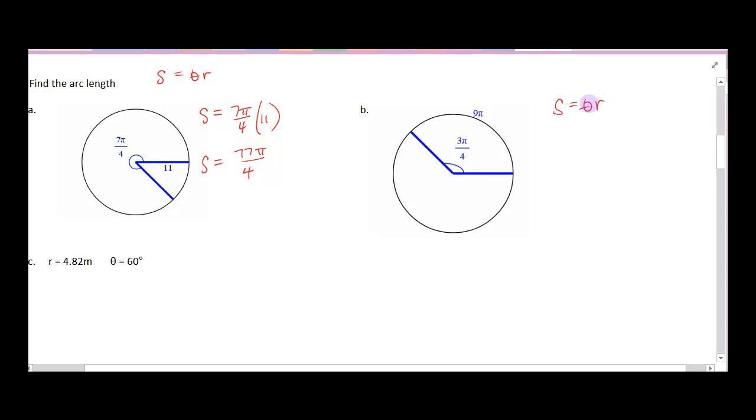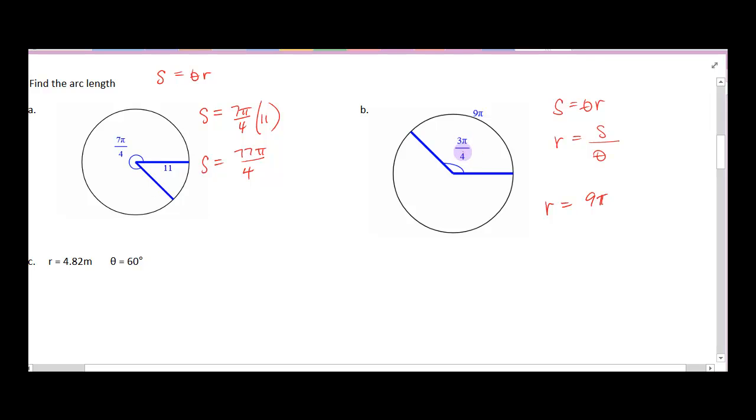So I would divide both sides by theta, and that would give me the fact that when I plug my numbers in, I'm going to have the arc length divided by theta to find out what the radius is. So if the arc length is 9 pi, and I'm going to divide by theta, a fraction, remember when I divide by a fraction, I multiply by the reciprocal.